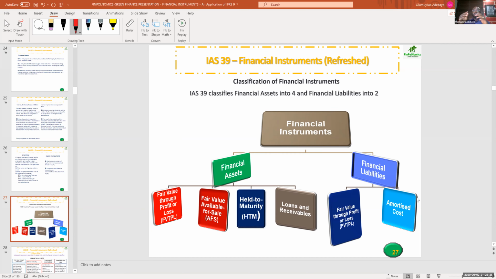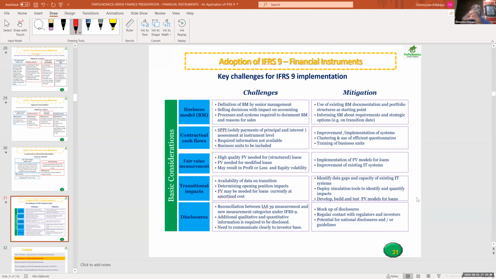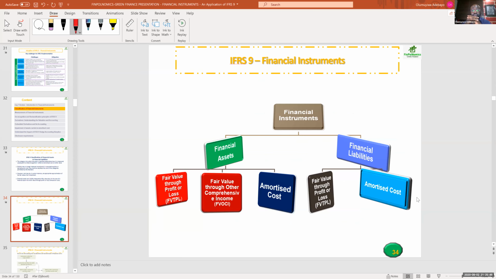Now, this has been narrowed down. For financial assets, we now have 3 buckets under IFRS 9, while the 2 buckets for financial liability were retained. Now, let me show you the new buckets. Financial assets now have 3 buckets: fair value through profit or loss, fair value through other comprehensive income, and amortized cost.